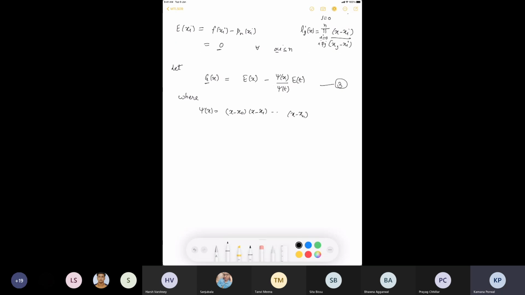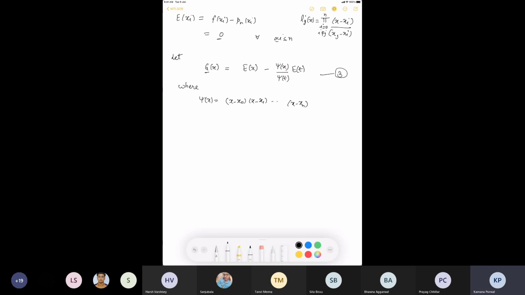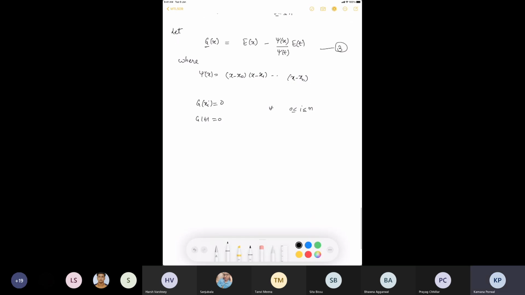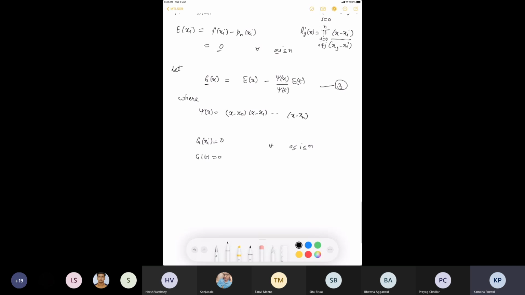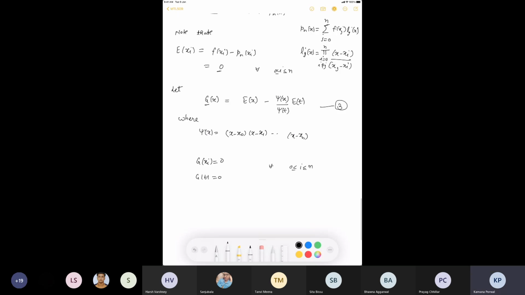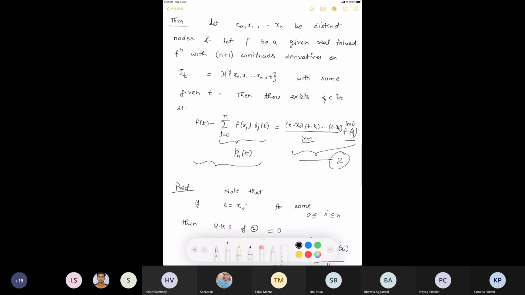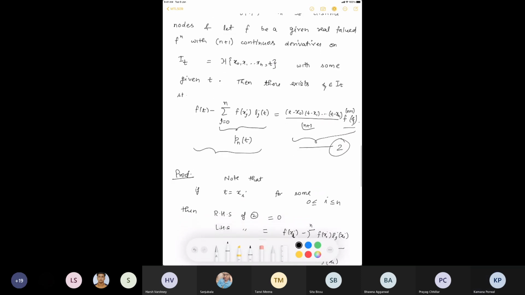Now the first observation we have made is that g at xi is equal to 0 for all i lying between 0 and n, and g at t is also 0. What more can we observe for this function g? What is given to us is that f is n plus 1 times continuously differentiable.